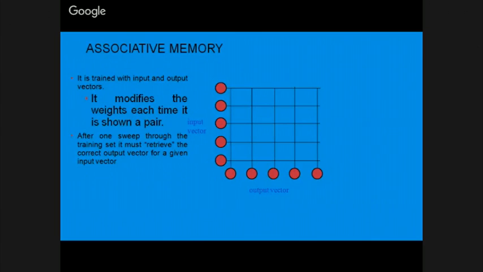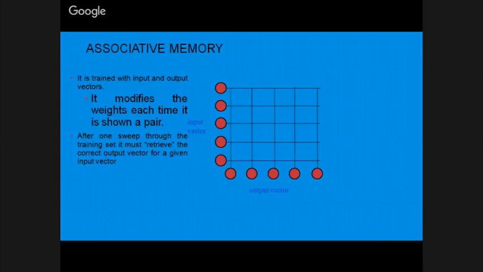Once you are done with your weight matrix, that means you have gone through the entire training set. The training set basically consists of your input and output vector pairs. Once you have gone through one cycle of the complete training set, then when you give an input pattern at the input, the associative memory should be able to recall the output vector.